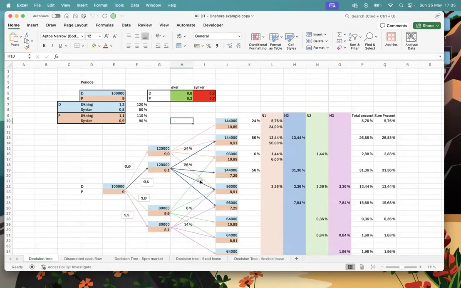But there are different values we take into account for onshore and offshore. So for my Indara here, I have D for demand and P is the price, or in this case, the exchange rate, where we are told that the demand is 100,000 and the exchange rate is 9. So 9 yen equals 1 euro.